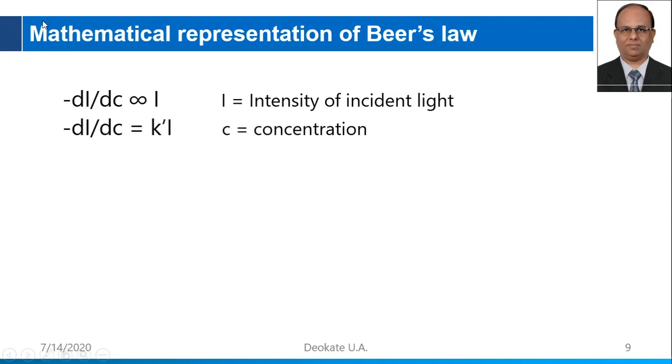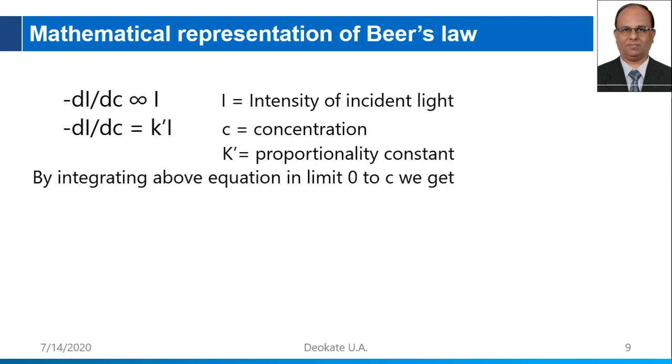To take out this proportionality sign, we can include a proportionality constant, k dash. So minus dI upon dC equals k dash I. Now we will integrate this in the limits of 0 to C, because we are changing the concentration from 0 to C.